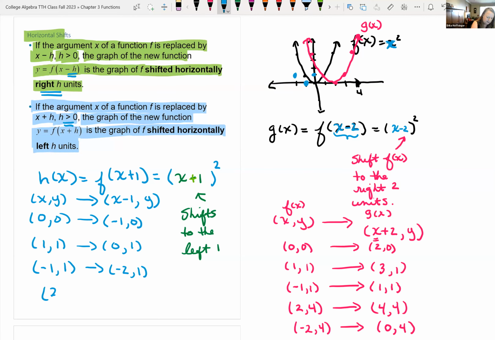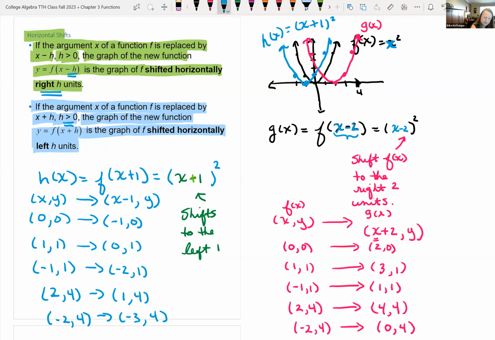Our point (2, 4), subtracting 1 from 2, we get (1, 4). And the last point that we had on here was (-2, 4). Subtracting 1 from negative 2, we get (-3, 4). And so this would be the graph of h of x, which is x plus 1 quantity squared.